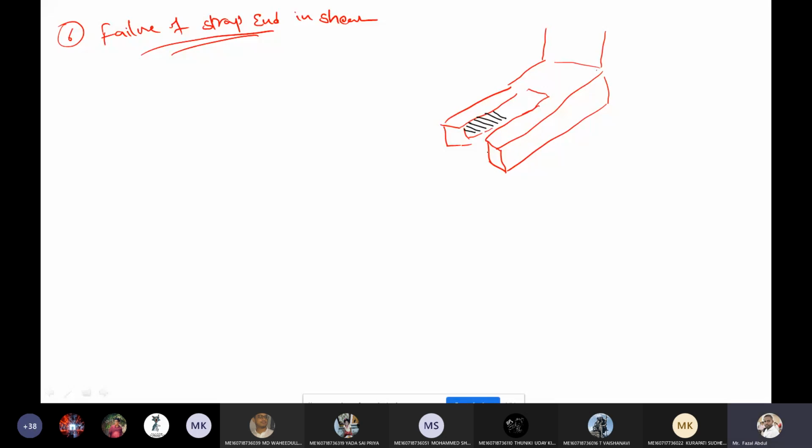Same area appears here. The length of the rectangle is L2. Thickness of the rectangle is T1. That is, this is the T1. From here to here failure, that is L2.